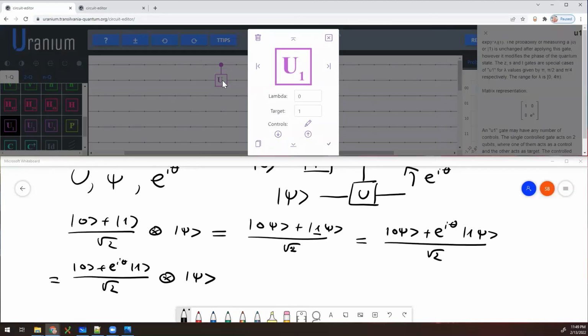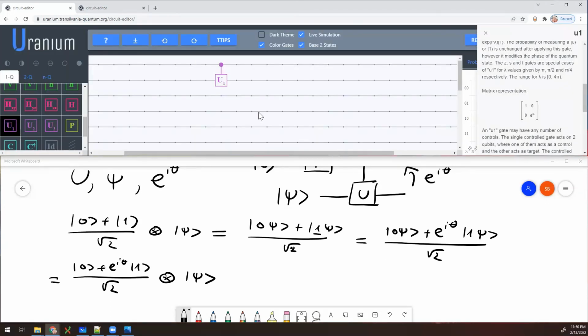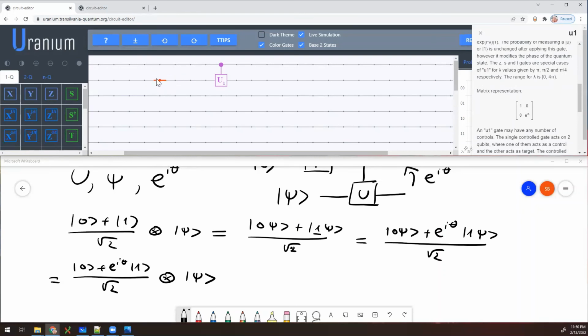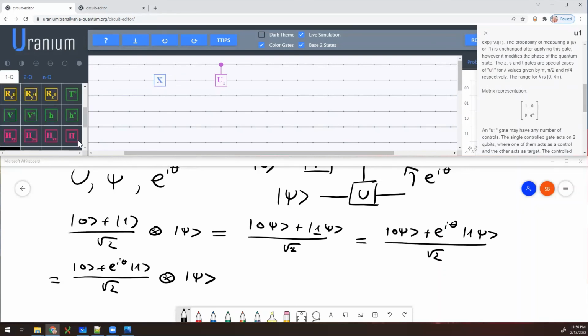We want to have the eigenvalue I, which means we set lambda to pi over 2, which is 1.57. We need to set the target in the eigenstate, which is 1, and the control in the superposition.